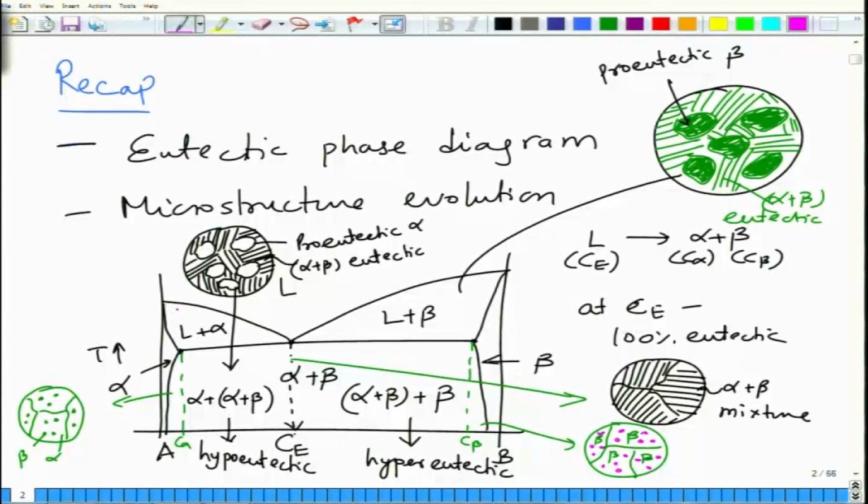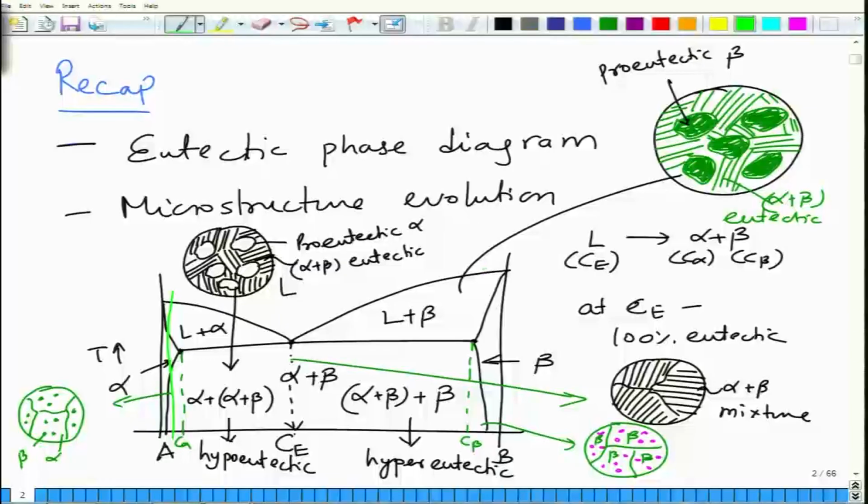If you go through solidification in this regime, first you have some primary alpha forming, and once you cross this point everything is alpha. Once you cross this line, alpha solid solubility decreases and some beta starts forming, but that beta forms on its own; it does not form from liquid. As a result, beta is present in the form of precipitates. Similarly, on this side the alpha is present in the form of precipitates.